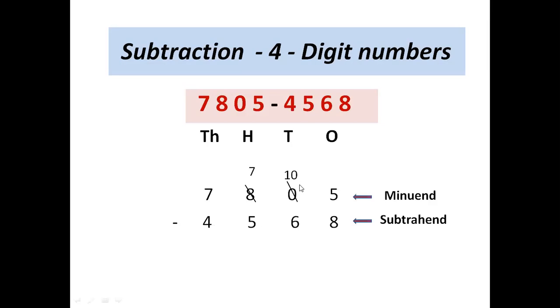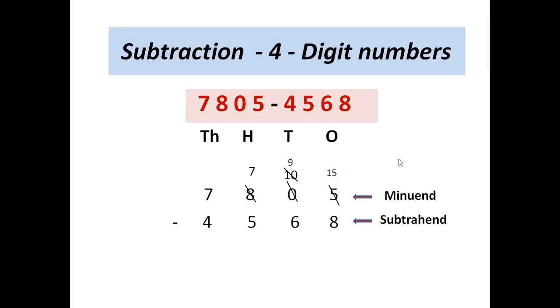Now from this 10, 5 can borrow. This 10 will get decreased by 1 to 9, and 5 will get increased by 10, that is 15, because we are borrowing a group of 10 from the tens digit. So it becomes 10 plus 5, that is 15.